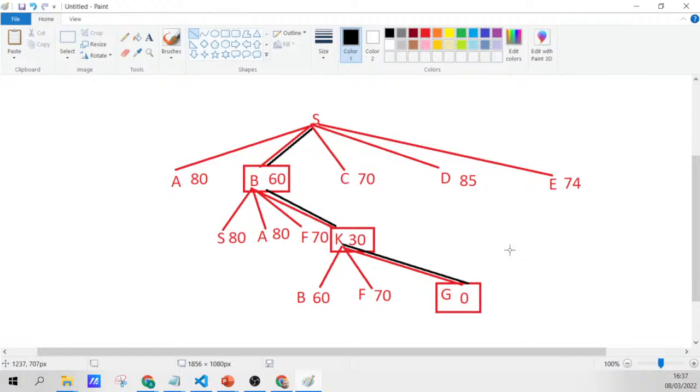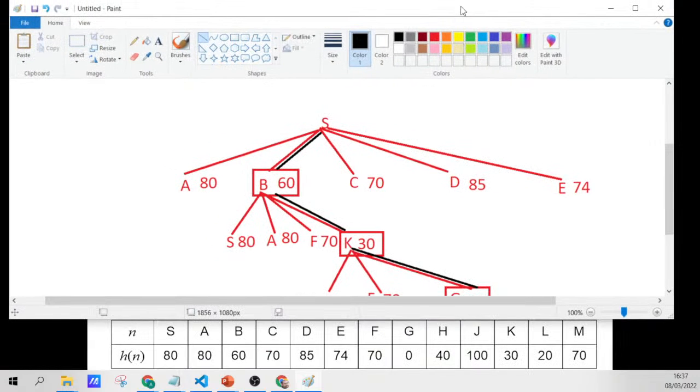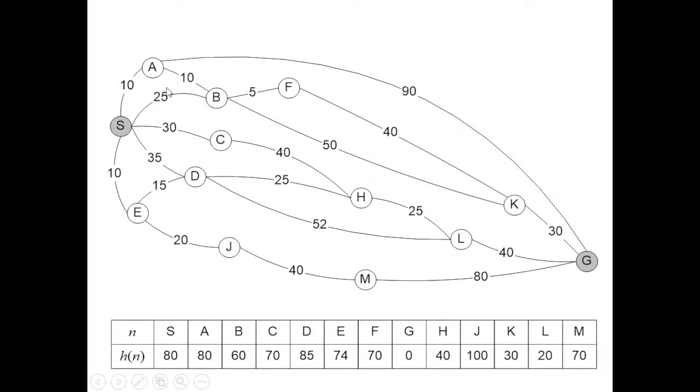So the result of our searching algorithm is always a path, here from S to B, B to K, K to G. If we ask how many costs are needed when we travel from S to B, continue to K, and then continue to G, then we need to see the actual cost.